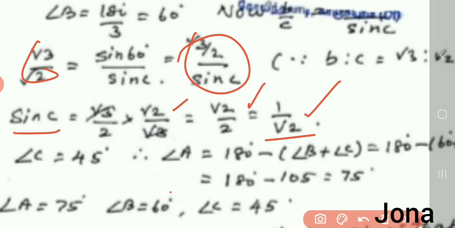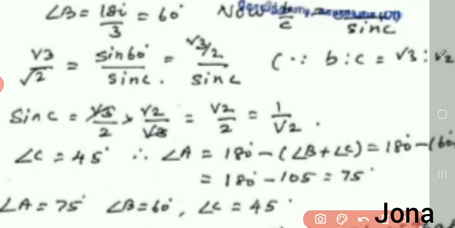So what about C now? In the table, for which angle do I get 1 by root 2? That is 45 degrees. So angle C equals 45 degrees. Already we have angle B equals 60 degrees and angle C equals 45 degrees.